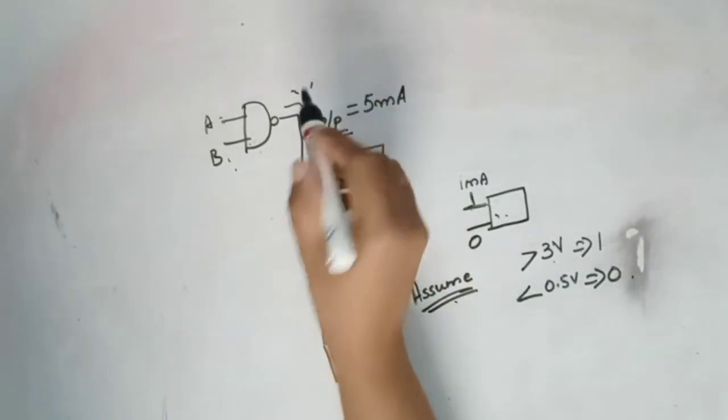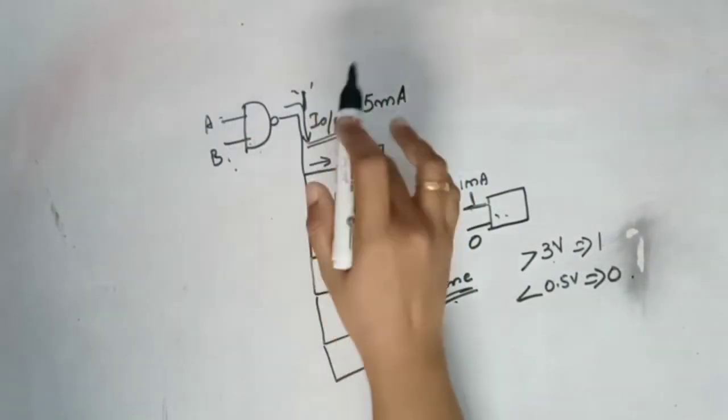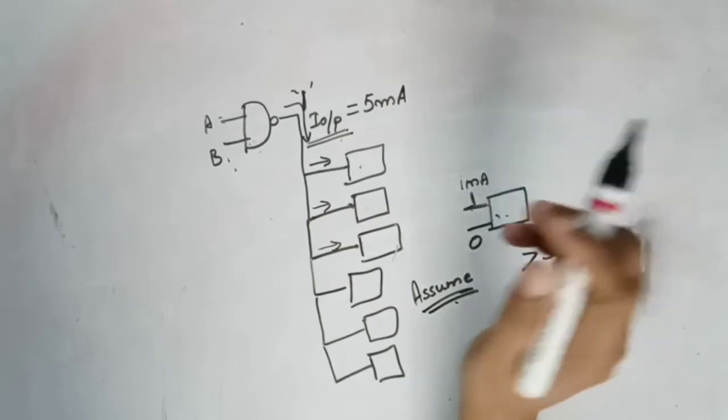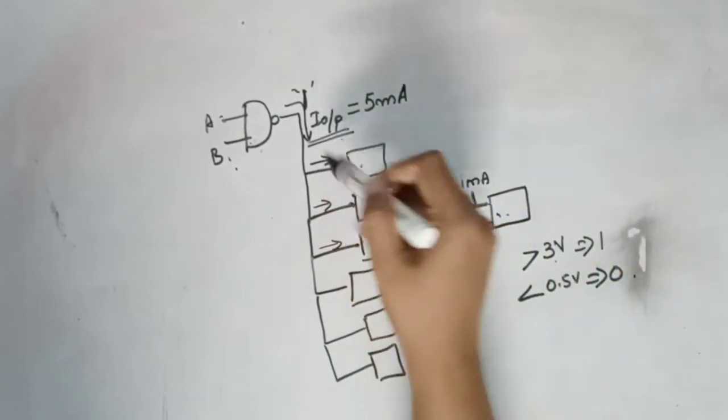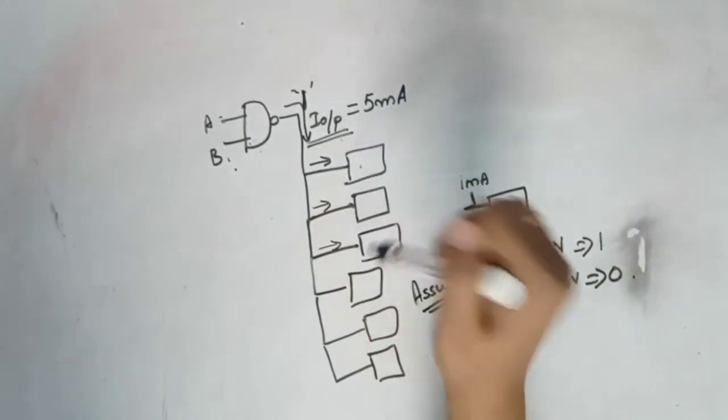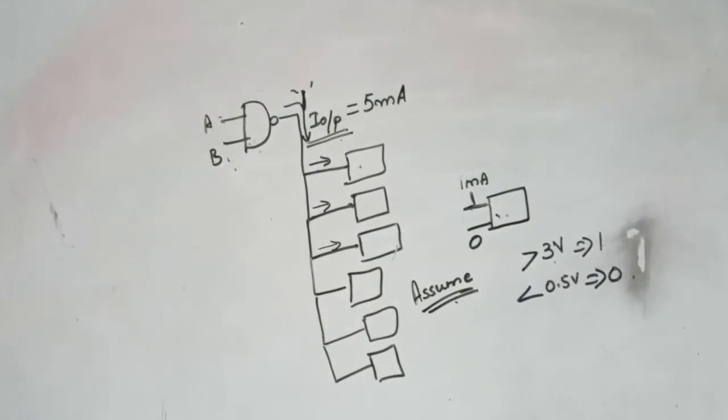The output is a 1. Input is given such that output is a 1. So that means what? 1 is applied to the input of all these gates. So it is shorted and given to the input of all those gates. But just because you gave the voltage, that is not sufficient.